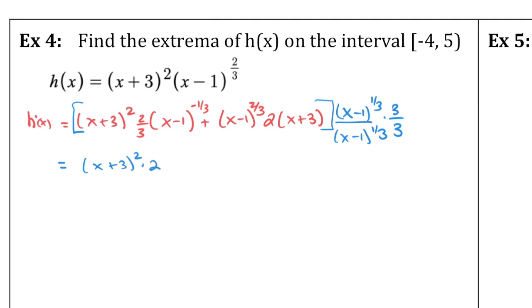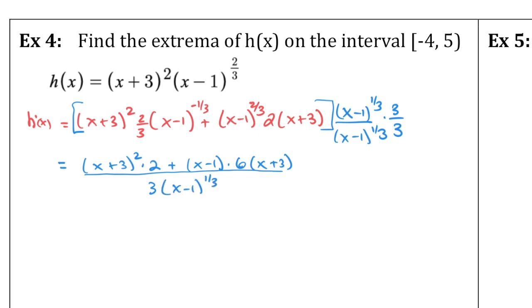Notice your x minus 1 to the negative 1/3 cancels out, plus the quantity x minus 1 to the first power times 2 and 3 is 6. And then we still have x plus 3 in the numerator divided by your 3 times x minus 1 to the 1/3.